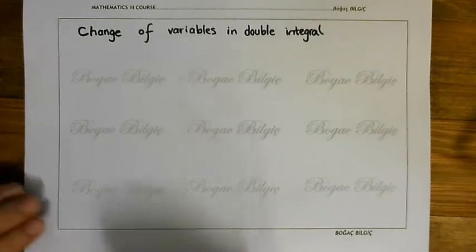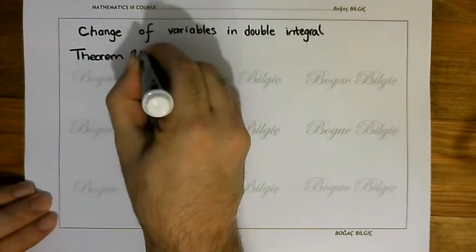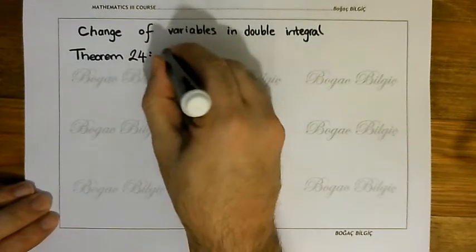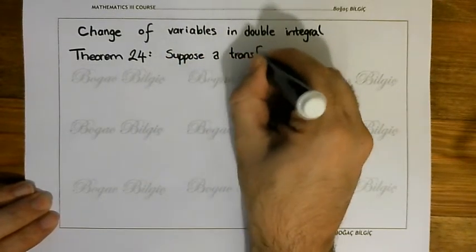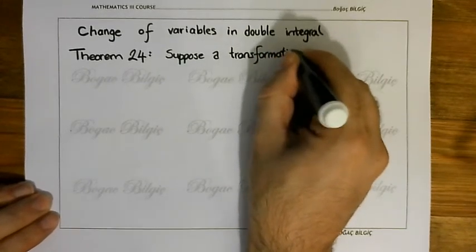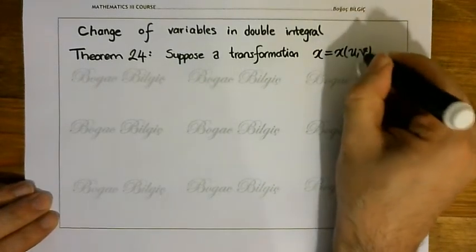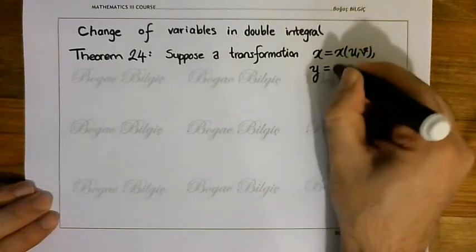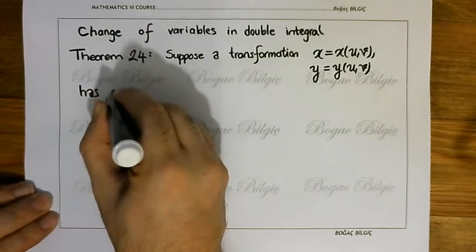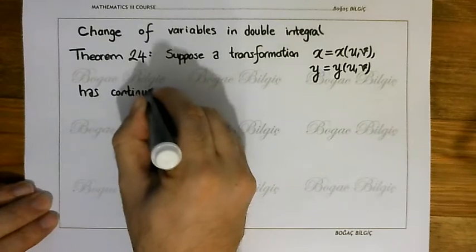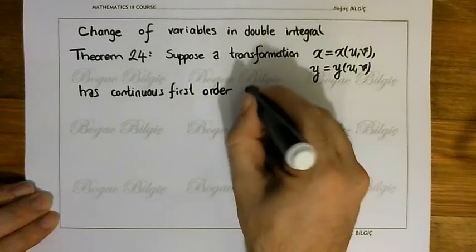Theorem 24. Suppose a transformation x = x(u,v), y = y(u,v) has continuous first order partial derivatives.